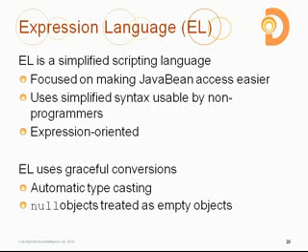And all that means in simplistic terms is that the expression language will convert an int to a string or a string to an int automatically for me. It will also treat nulls and empty objects gracefully. Instead of printing null to the screen, it will print a single white space character.